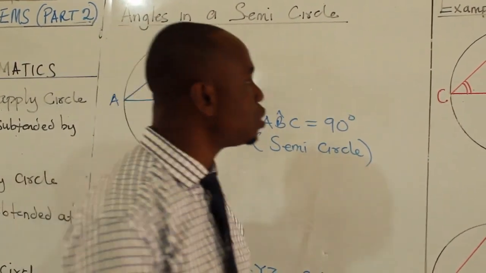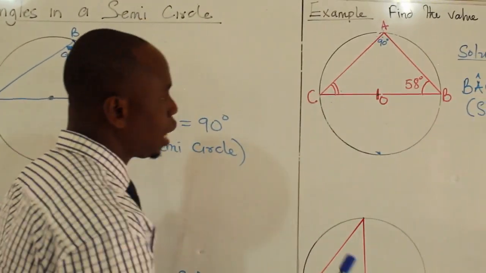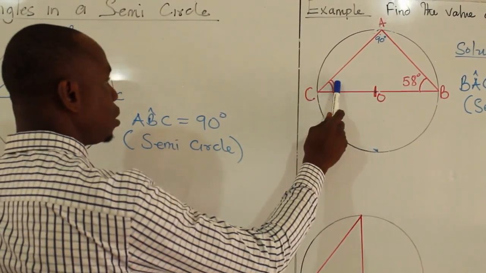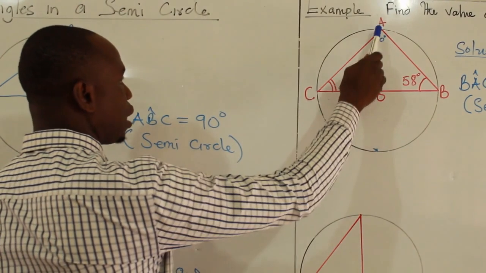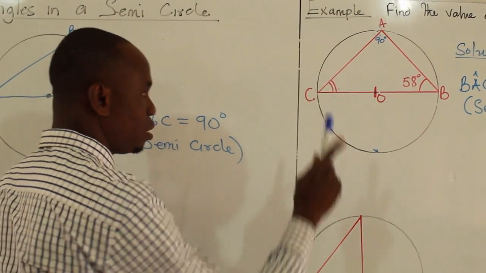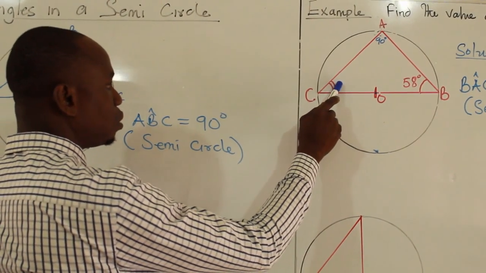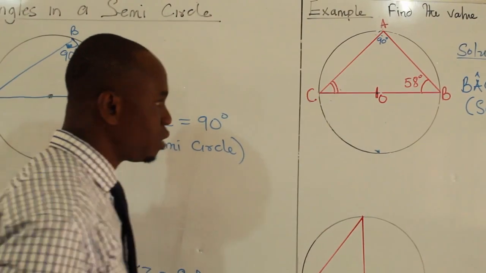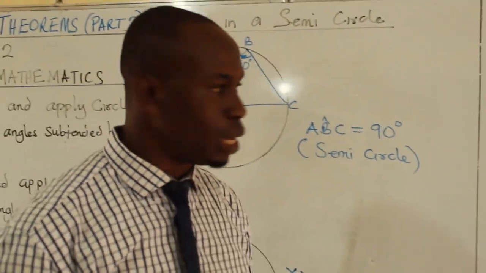Since we've gotten this part to be 90, and we had this part as 58, it becomes easy to get this part. So if you add these two and subtract from 180, this angle will be gotten, because the sum of this angle and this angle and this angle gives 180.